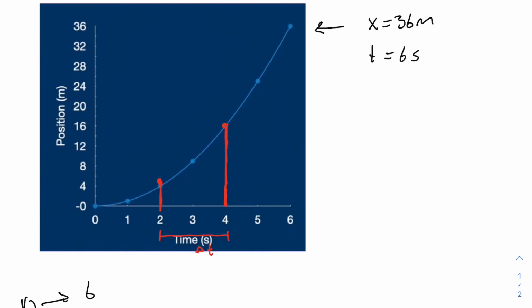Maybe instead of going from 2 to 4, you would go from 2.5 to 3.5. And if you wanted an even closer answer, maybe you would go 2.75 and 3.25. So if you want a more exact answer for the velocity at 3 seconds, you would keep decreasing that time interval to as small as possible.